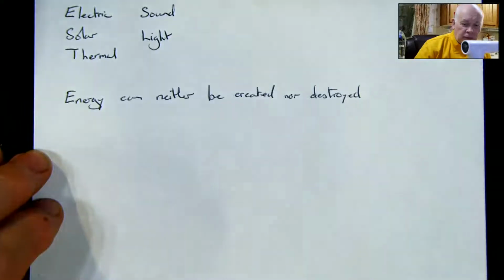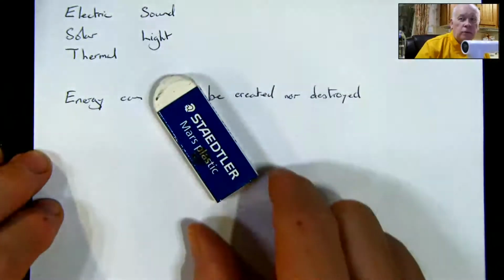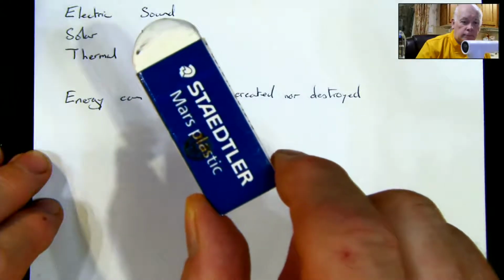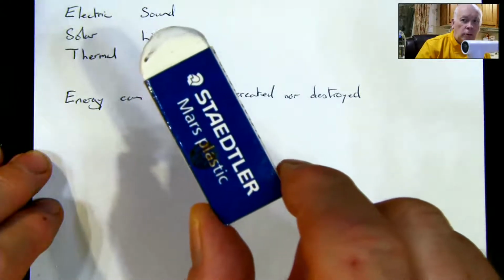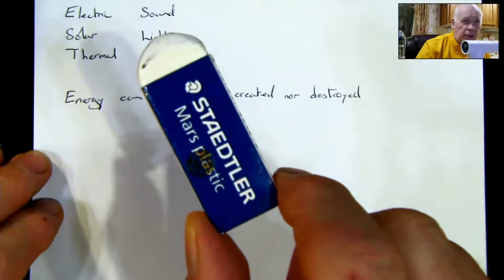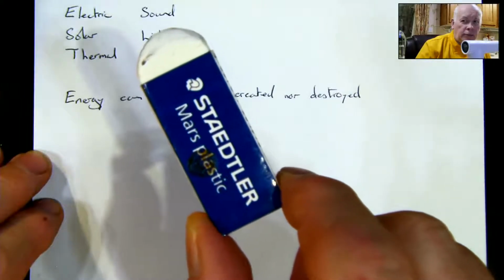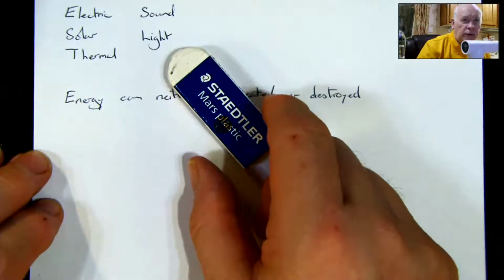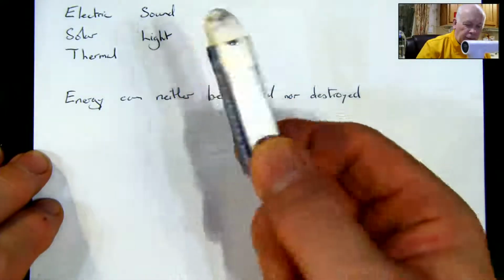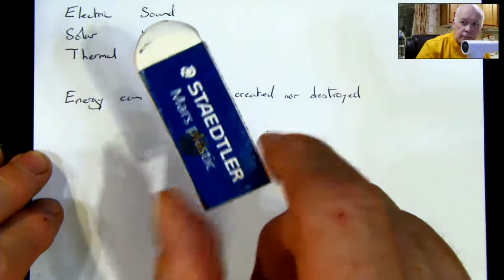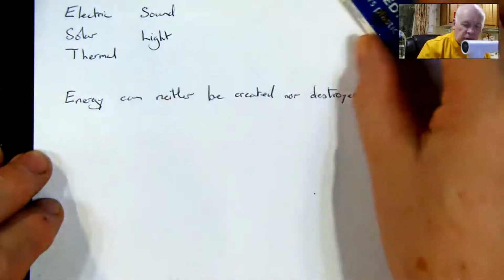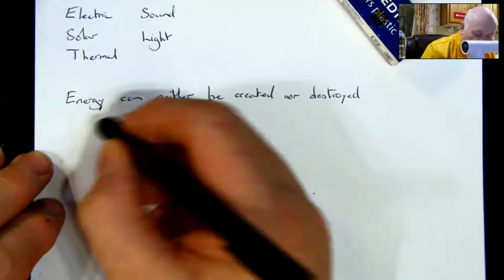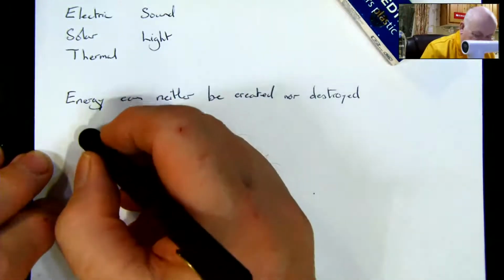So let's take this rubber. We can raise it up. It's now got gravitational potential energy. I let go, it moves. That is kinetic energy. And then that kinetic energy turns to sound energy. So I can have my hand, it's going to lift it up.